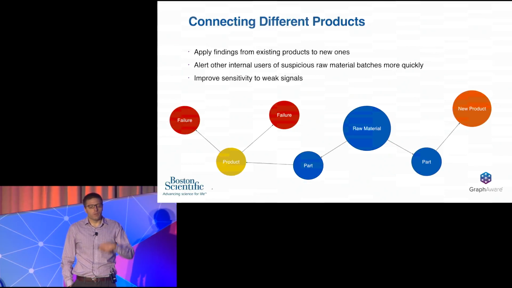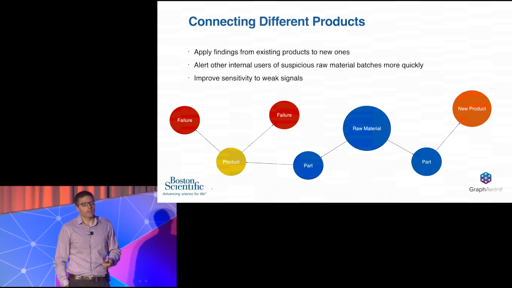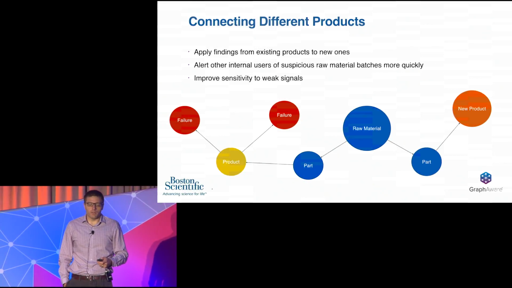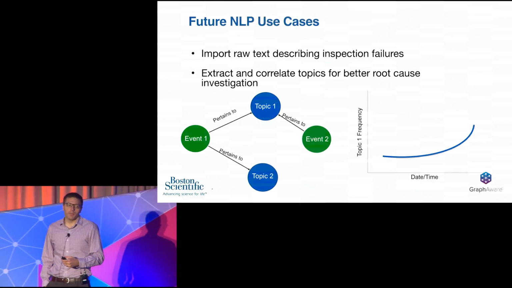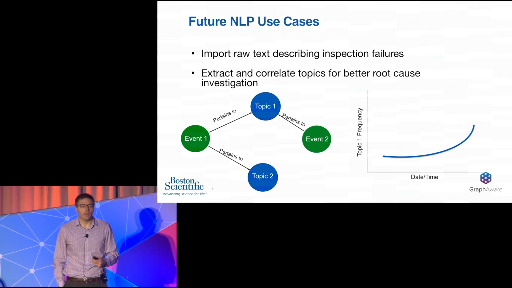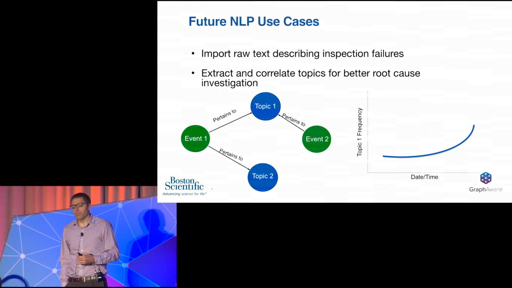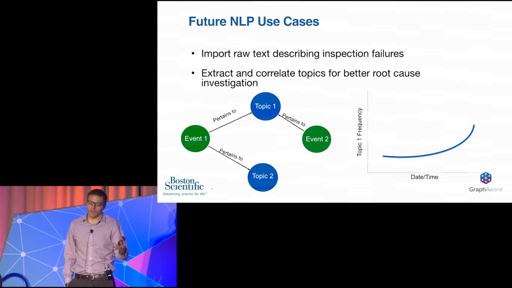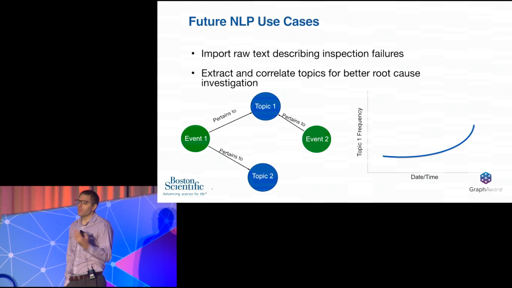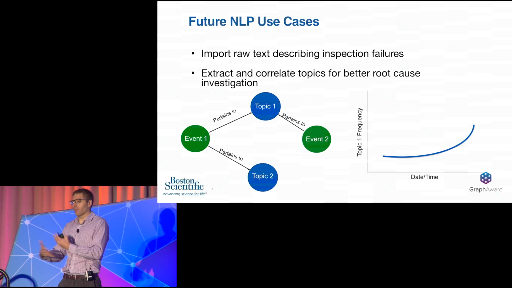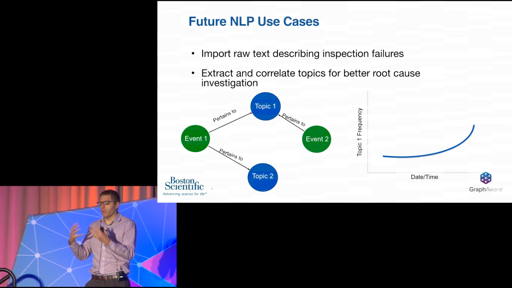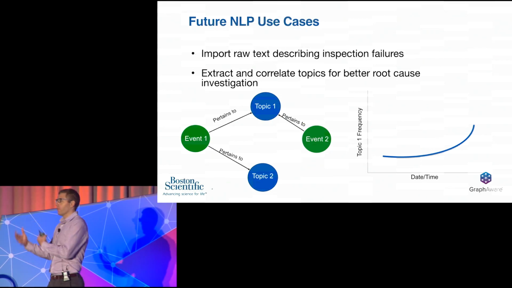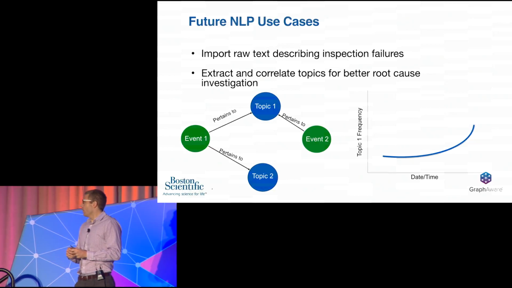Moving on to where we go from here for next steps. We're really excited about some natural language processing use cases. A lot of times when we have failures or other events in manufacturing, we ask people to enter some text to describe what they found and what they might have done about it.